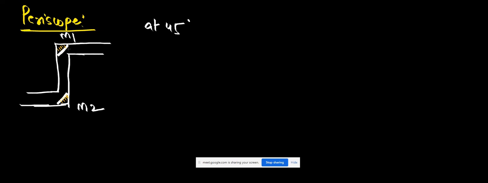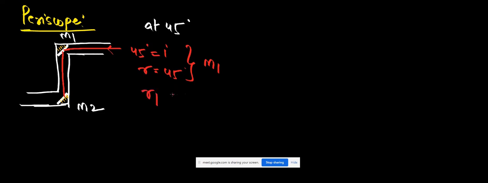When incident rays fall on this, it makes an angle of 45 degrees. This will be the angle of incidence. Now what will be the angle of reflection here? 45 degrees. This is the angle of reflection for the first mirror. The angle of reflection of the first mirror becomes what? The angle of incidence for the second mirror, right?